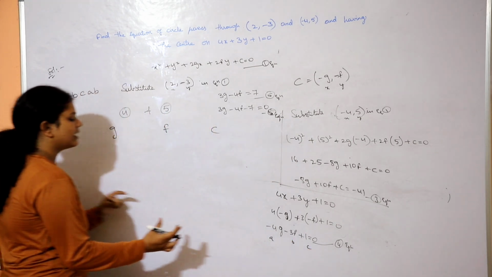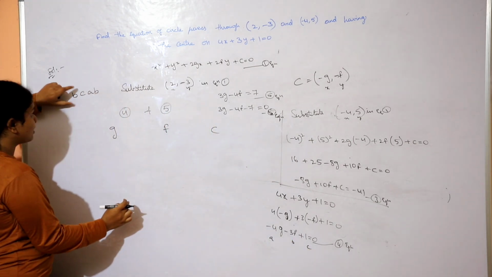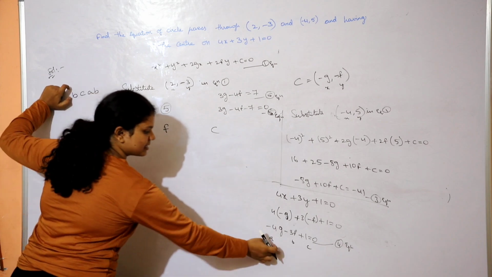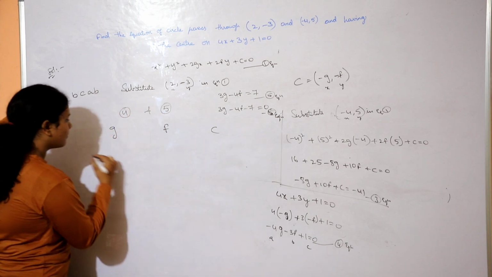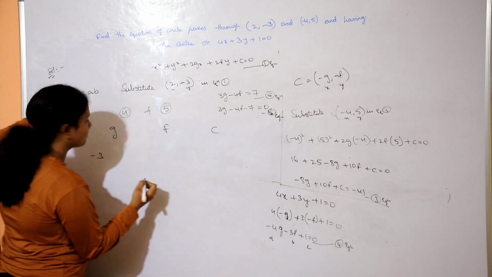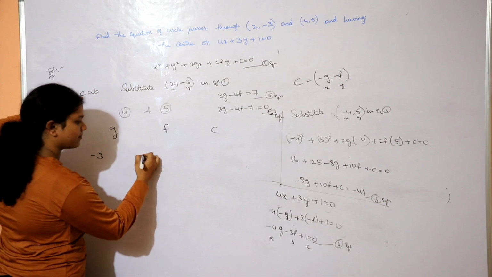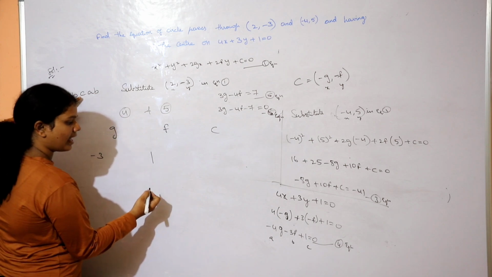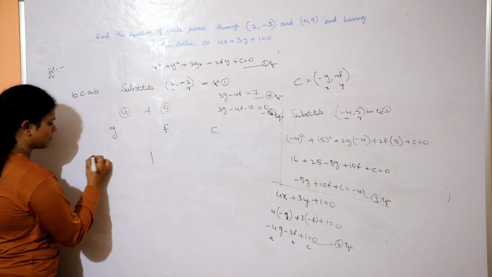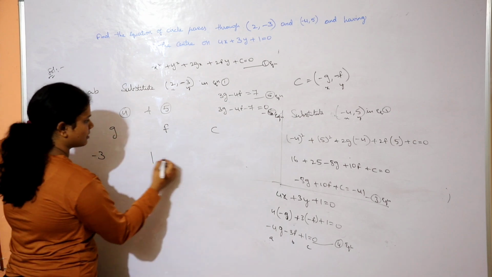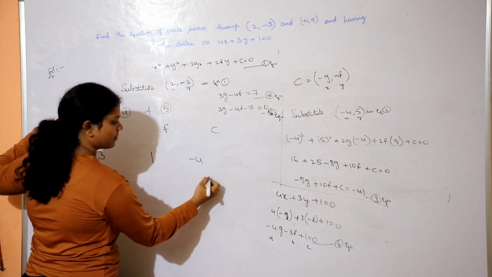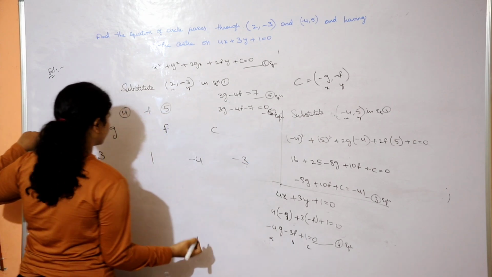Just write according to this form. So here, b means minus 3, c means 1, and a means minus 4, b minus 3.